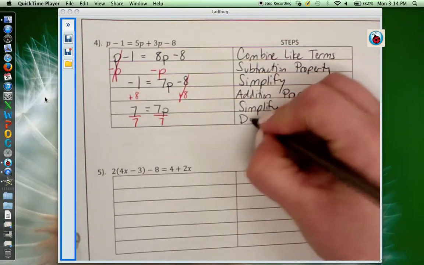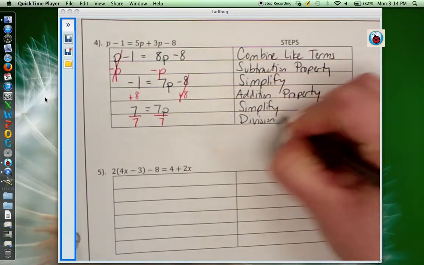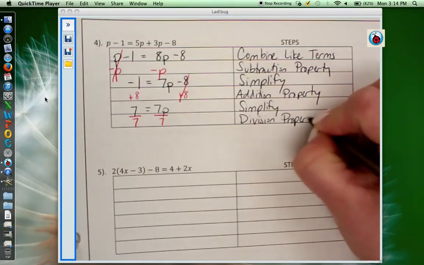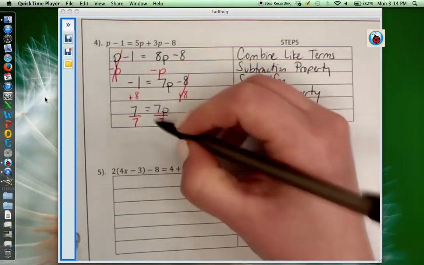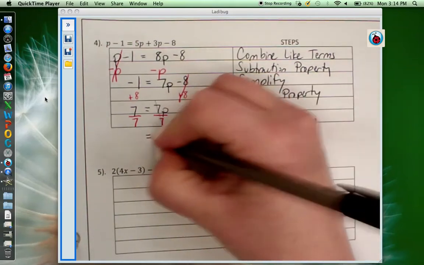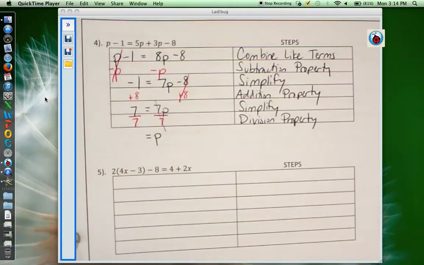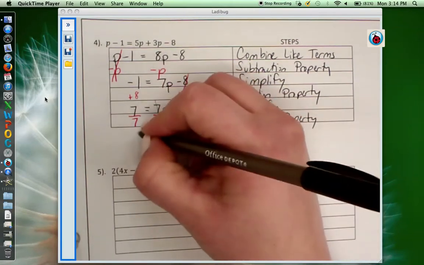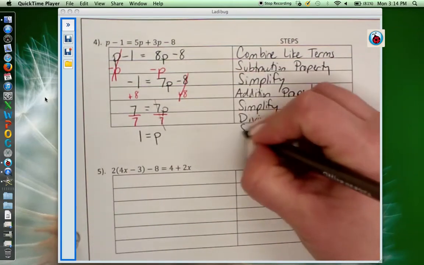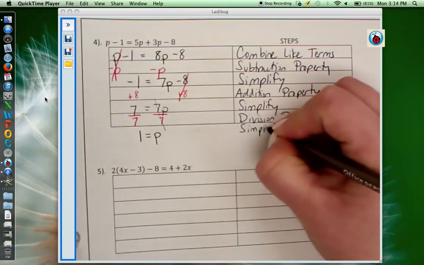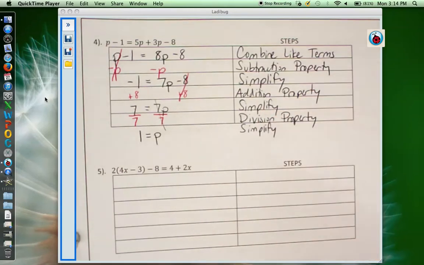This is division property. And so those cancel. On the right side, p is all by itself. On the left side, 7 divided by 7 is 1, and that step was simplify.